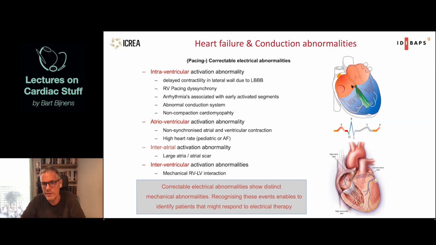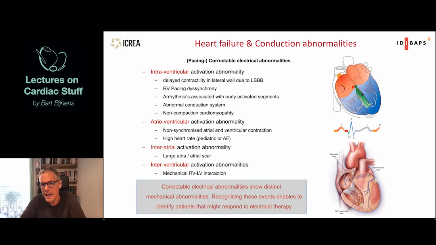After a certain delay, when the atria have been activated and have contracted fully, the electricity goes further. We come first into a common His bundle, and then we have a split towards the left and the right ventricle, which is the left bundle branch and the right bundle branch.